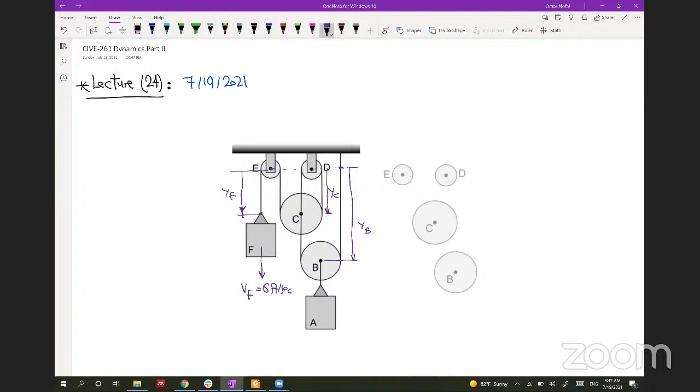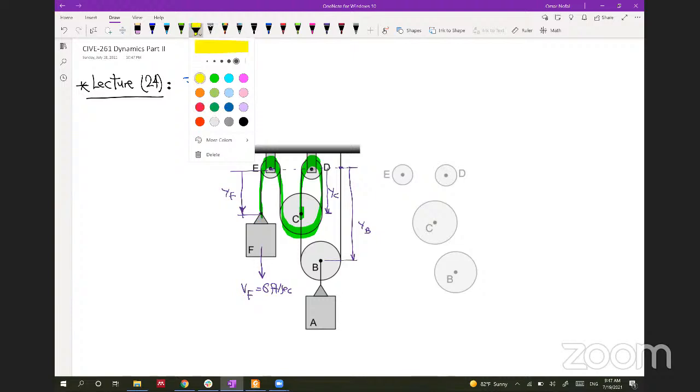If you are solving this, you have two cables. You have this cable until point C, and the second cable starts from C like this up to this point. So we have two equations here. The first equation will be the yellow cable, and the yellow cable length is YB, all of these lengths from here to here, and then from here to here, which is YB minus YC.